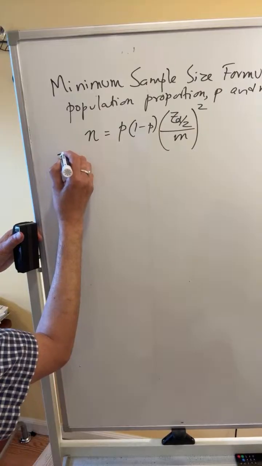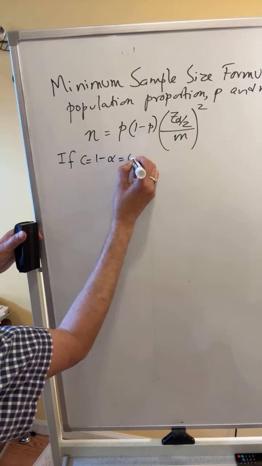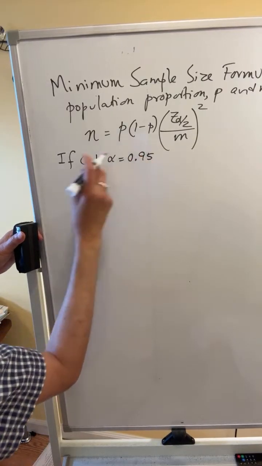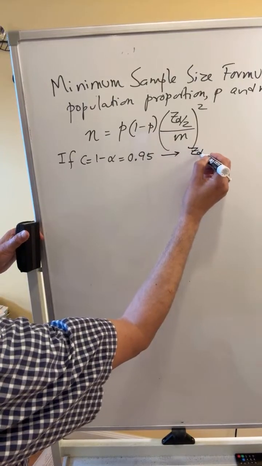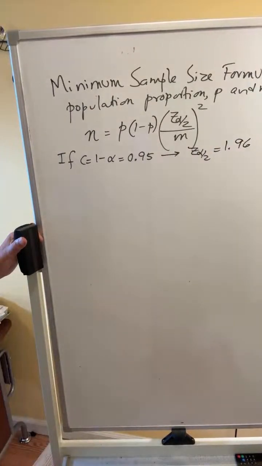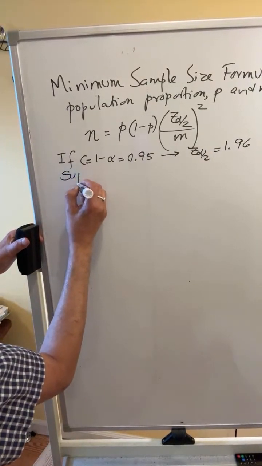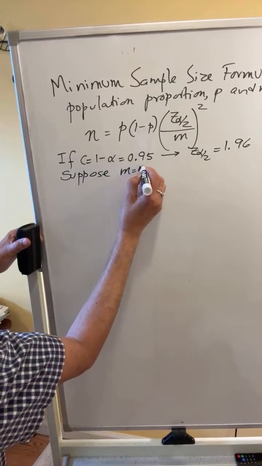Now if C is equal to 1 minus alpha is equal to 0.95, C being the level of confidence, we already showed Z alpha by 2 is 1.96. Suppose my margin of error M is 0.1.